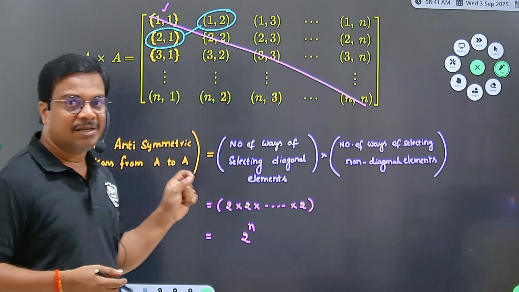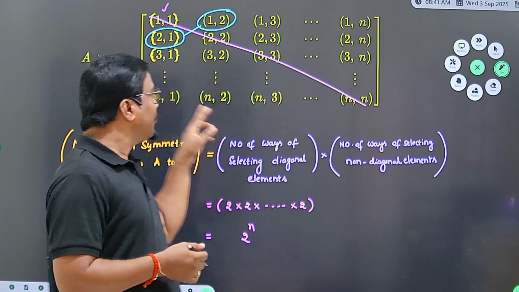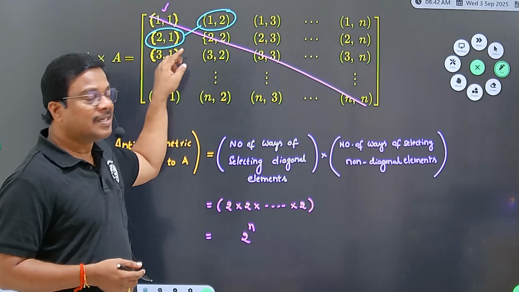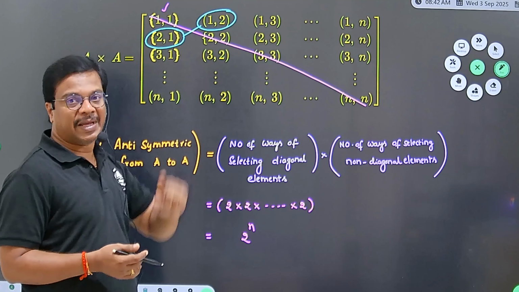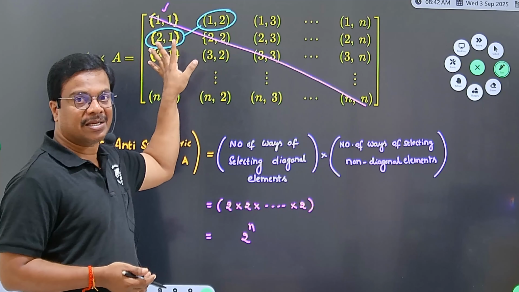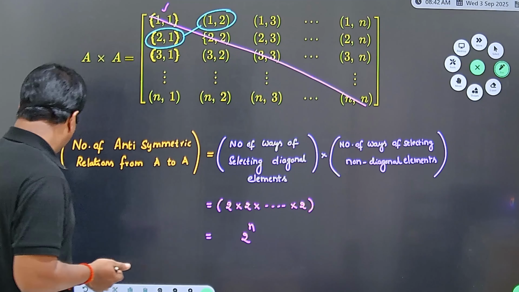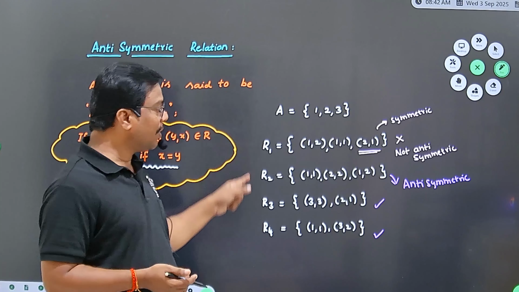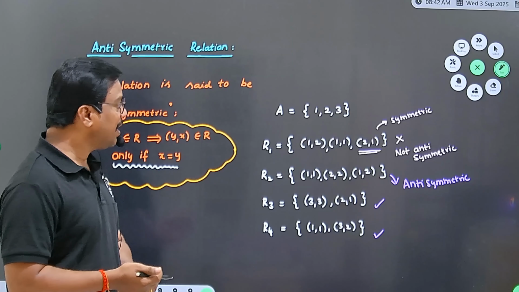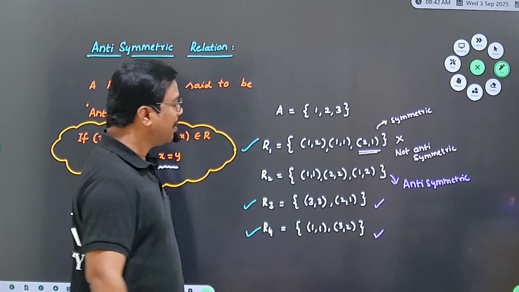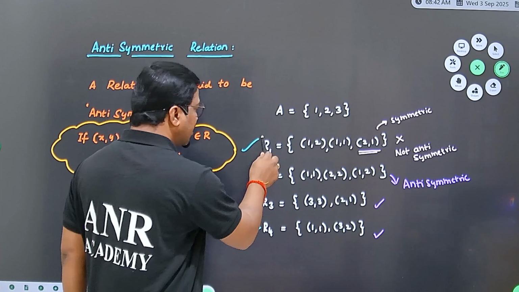What I am saying here, we are going to choose a pair of symmetric ordered pairs, which are symmetric, and observe them on 4 relations. See, these are antisymmetric. This one is not antisymmetric.